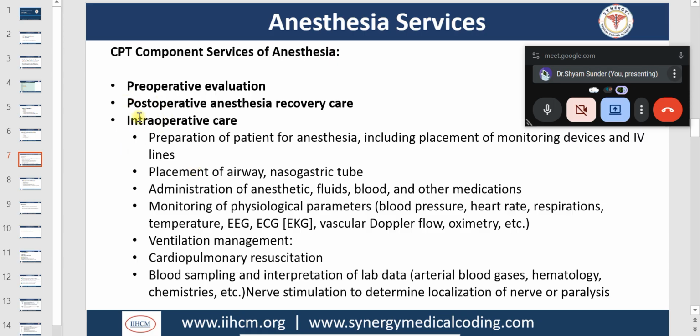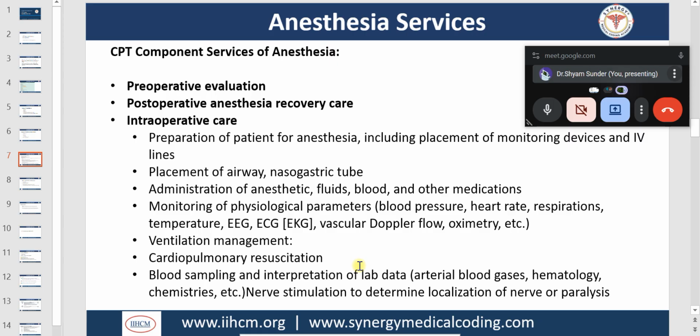These are all included in your anesthesia CPT code. So what I'm trying to say, anesthesiologists cannot claim separate payment for these services. For example, CPR is done. For CPR, we have a separate code. What is CPR? Cardiopulmonary resuscitation.